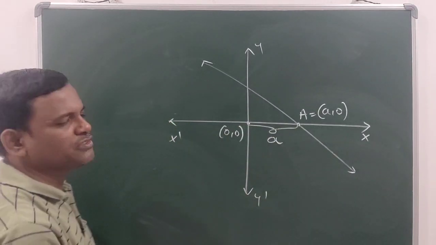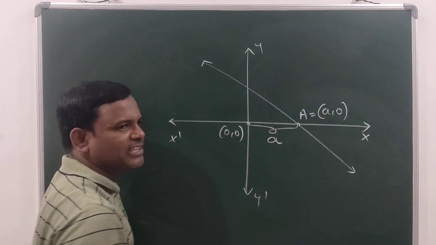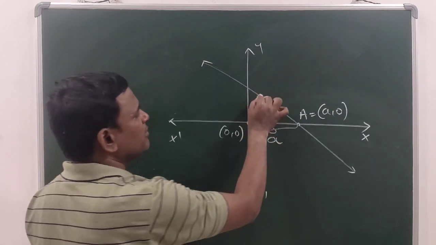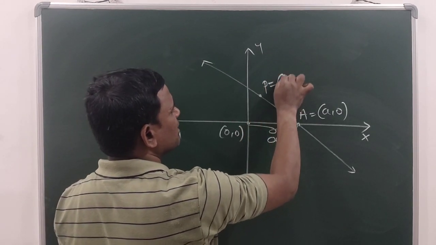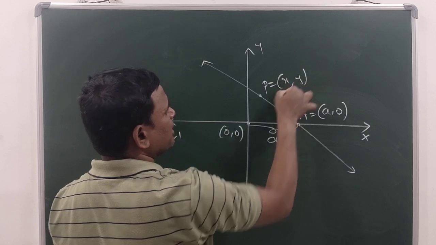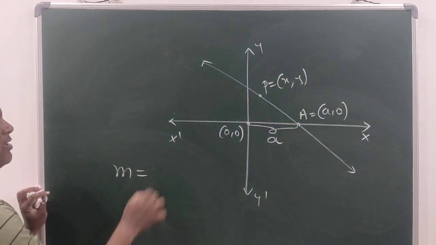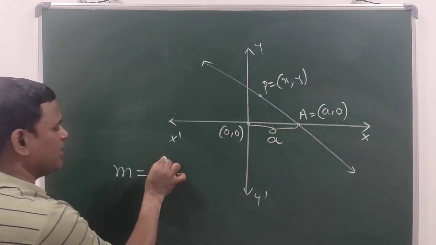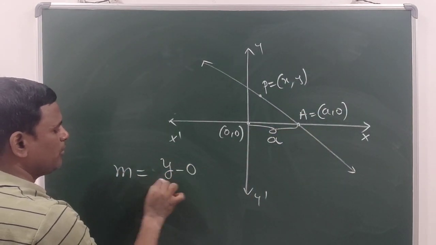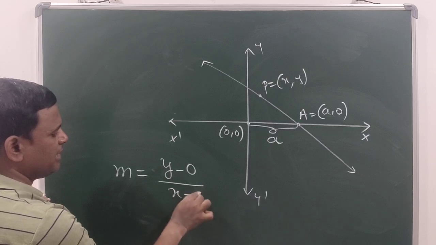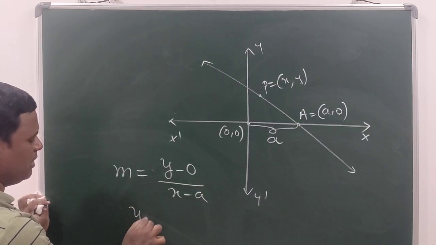Now same like previous one. One of the points on this line is identified and you consider that locus point as P x, y. Now 2 points are given, so apply that slope formula. Difference of y coordinates y minus 0 by difference of x coordinates x minus a. Now let us cross multiply.